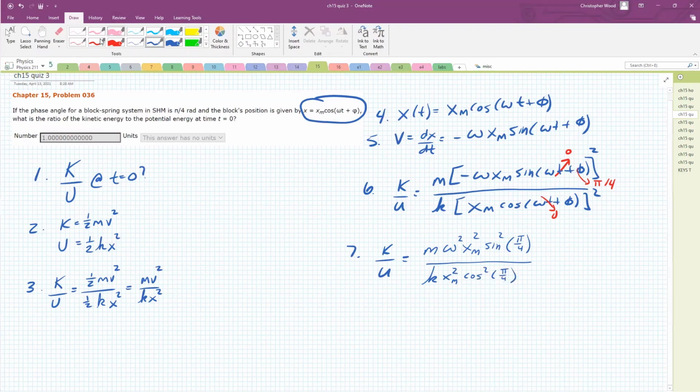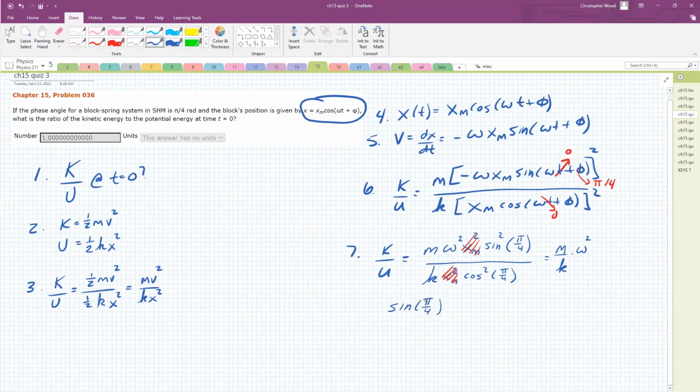Okay. Low-hanging fruit. The x sub m's cancel. All right, so here's the answer. This is going to equal mass over K times omega squared. Because let's talk about what's the sine of pi over 4?